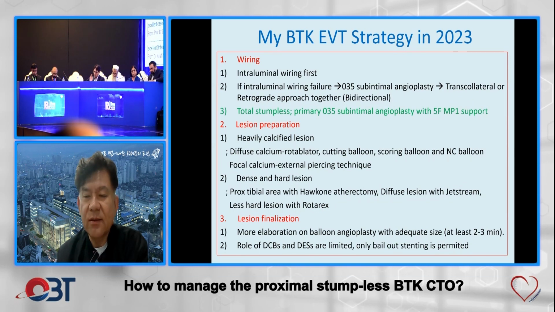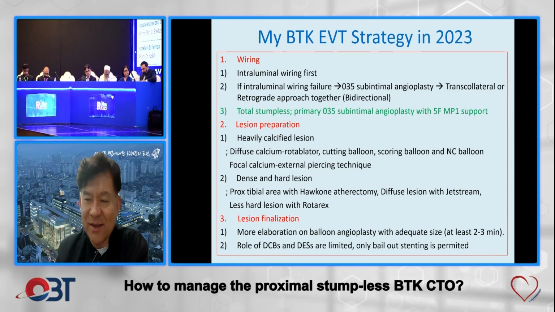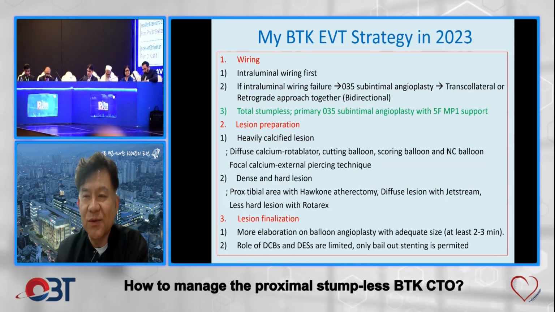Yes, as cardiologists, we can adapt in both extremes. The coronary CTO technique should be adopted in complex peripheral cases, and we can get more inspiration from coronary to peripheral, and peripheral safari techniques we can adapt to the coronary CTO. Either can be adapted. So that's true. I'm very happy with that.